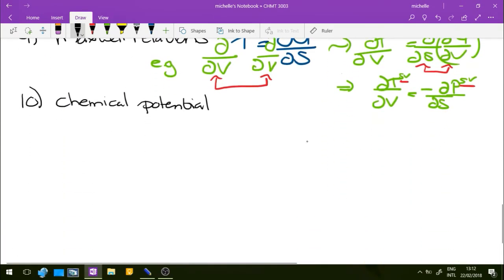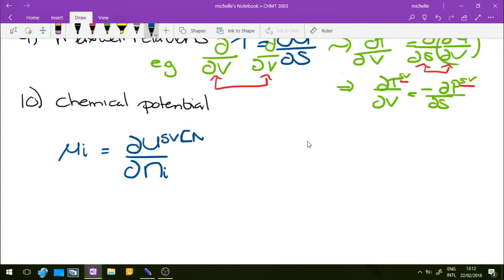And then chemical potential was another thing that was introduced, whereby mu i is equal to the partial derivative of u with respect to number of moles i, with u a function of S, V and N. What you want to take away from here is that this chemical potential only exists if you have multi-component systems.